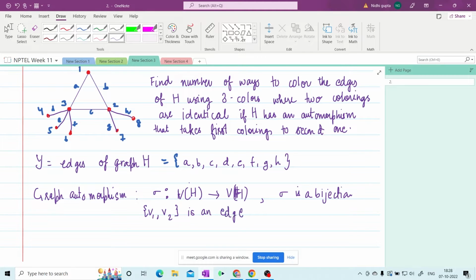So if v1 v2 is an edge, sigma v1 and sigma v2 should also be an edge.